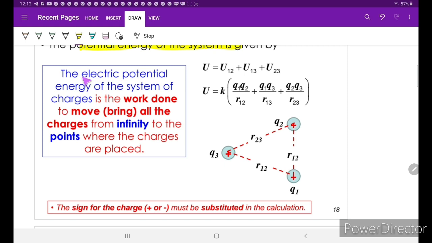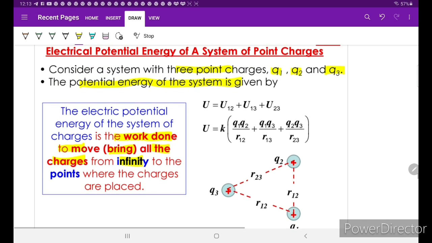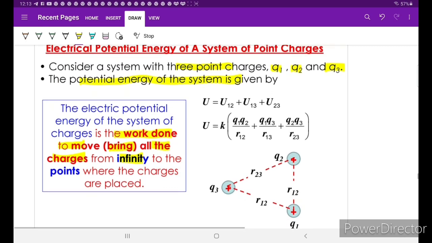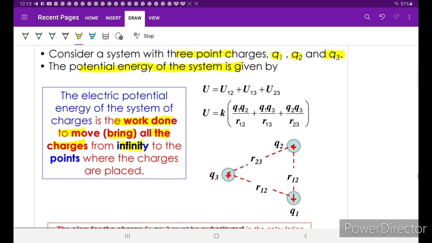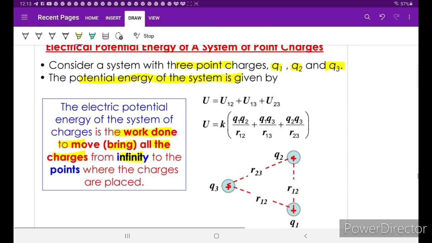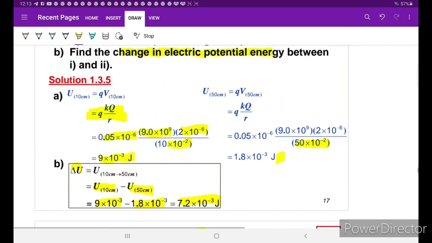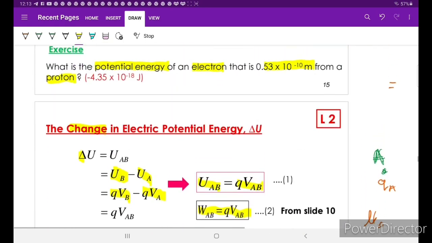Let us read this point. The electric potential energy of the system of charge is the work done to move or to bring all the charges from infinity to the point where the charges are placed. Alright, this is how we calculate the potential energy of the system. Don't confuse it with point E here.